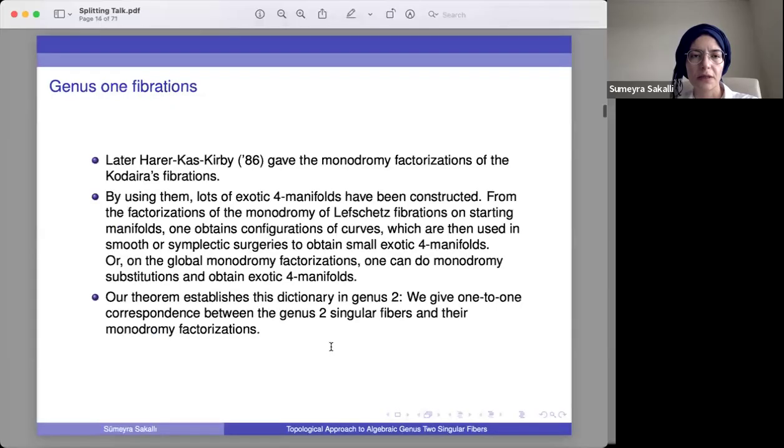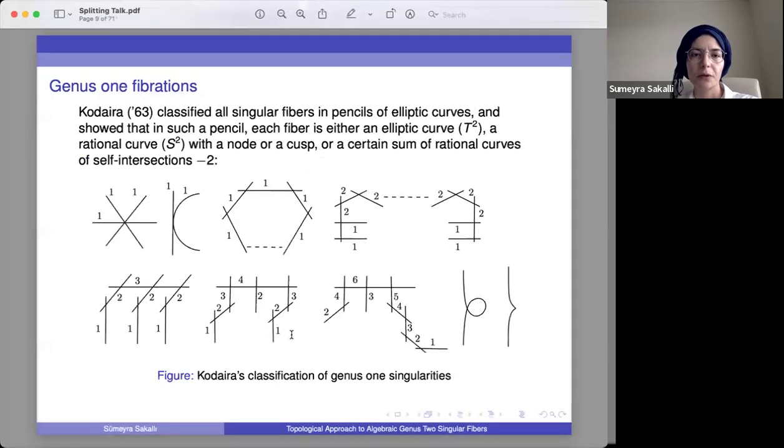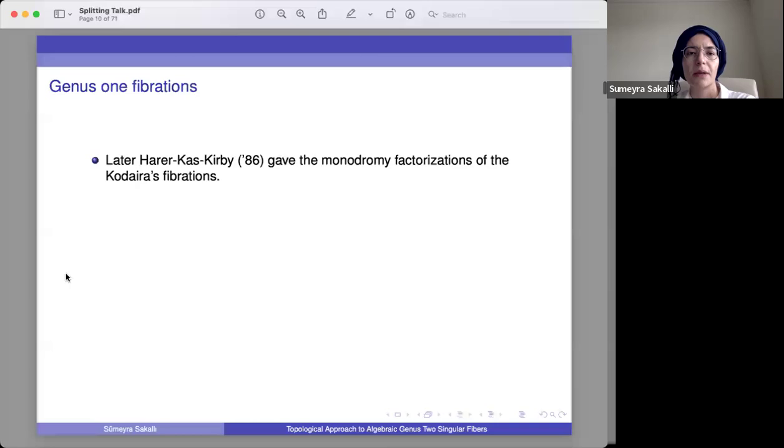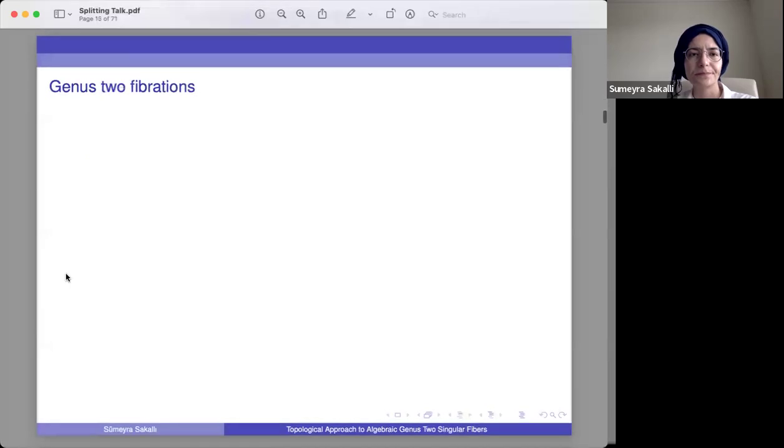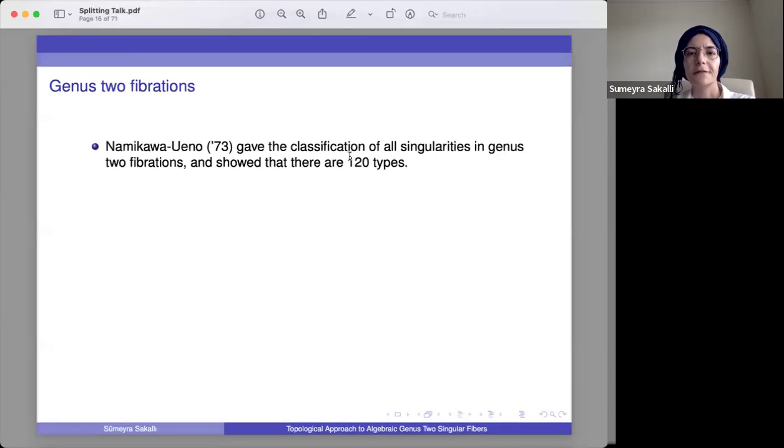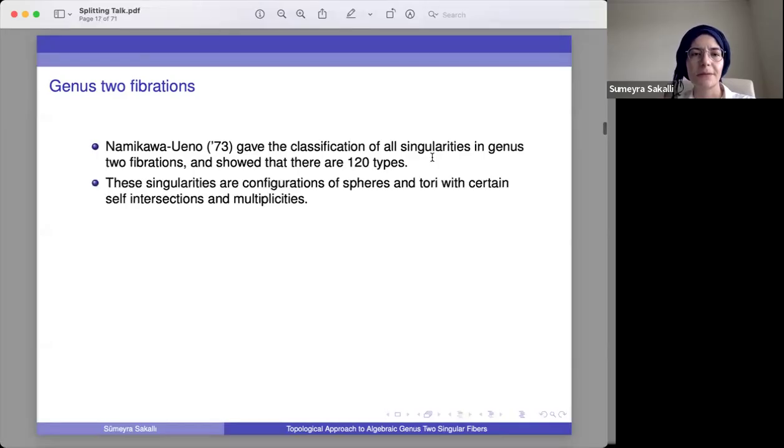Let me show you Kodaira's work again. Kodaira did this work in '63, and this was his list. The list is a lot shorter in the genus 1 case. These are all, of course, possibilities. You don't have much room to create more interesting things. But in the genus 2 case, we have so many more types of singular fibers, and they gave the whole list in their paper.